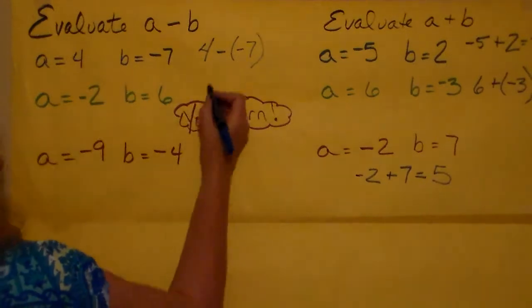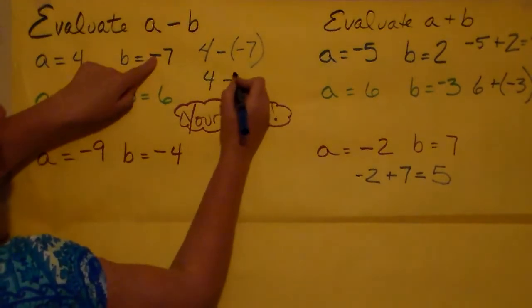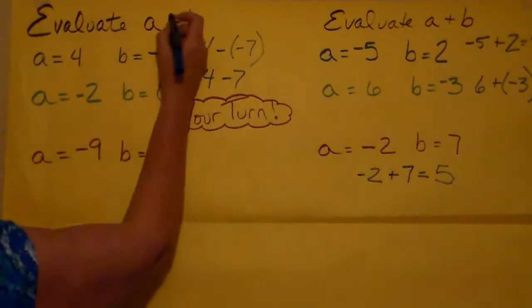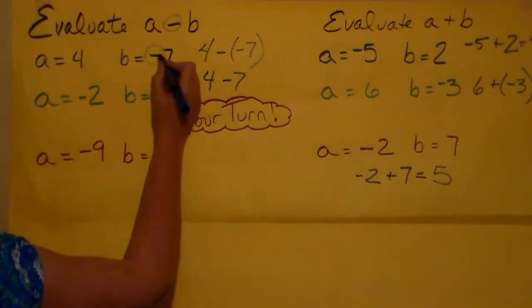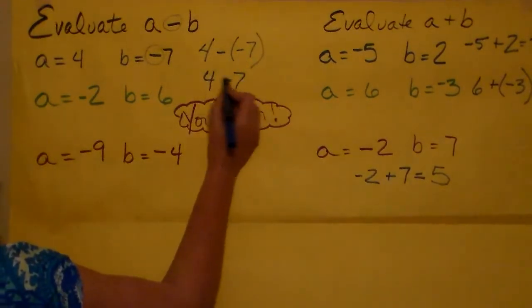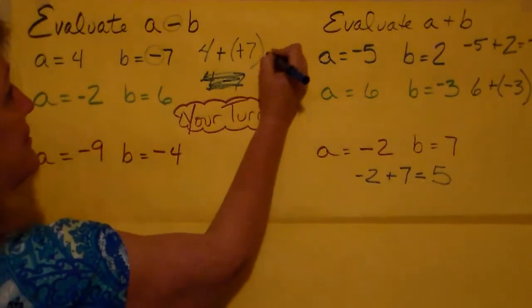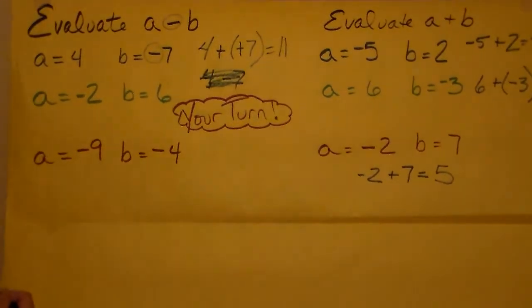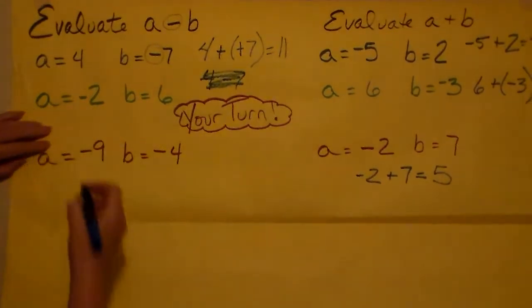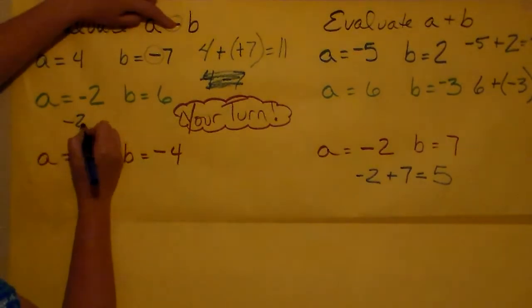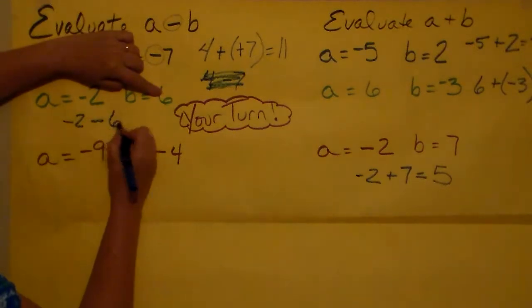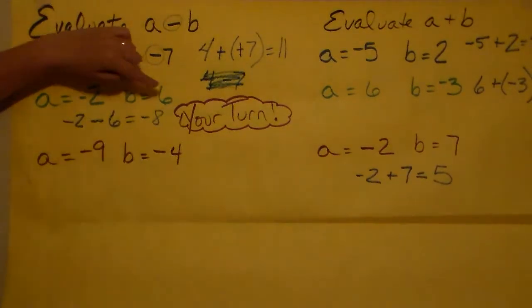The easiest mistake is to say this is 4 minus 7, and ignore the fact that I've got one sign here and one here. You got to put both of them there if they both show up. 4 minus negative 7 is 11. Here I have negative 2 minus 6, and that equals negative 8.